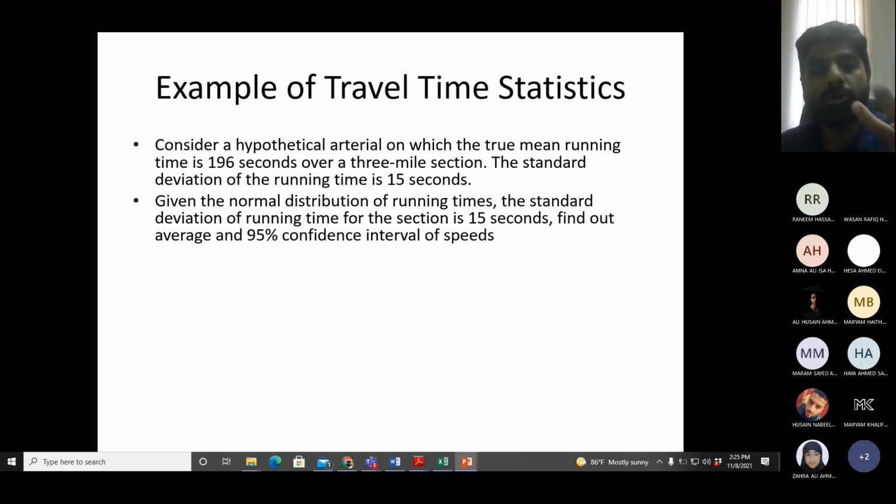If you already know the mean running time for the entire population, then you can directly take S, standard deviation, equal to E. If true mean running time or true mean value of something is given, then E equals S. So in this example, since true mean running time is given, I don't need to calculate E. I directly replace E with the standard deviation. Wherever true mean is given, E is not to be calculated. Just use S in place of E.